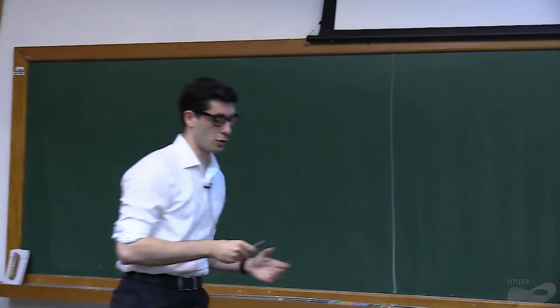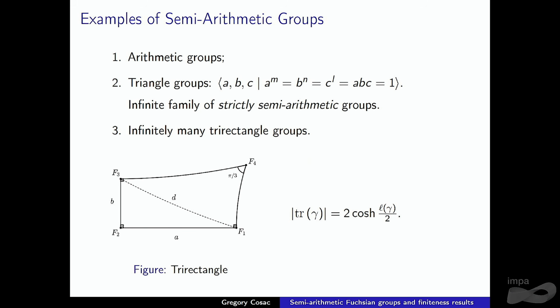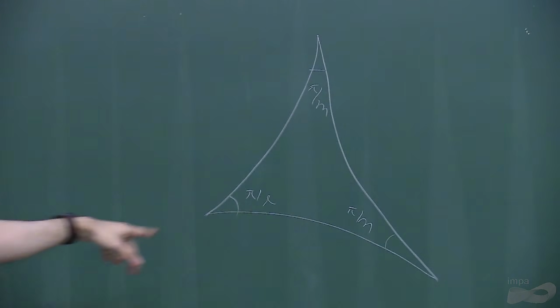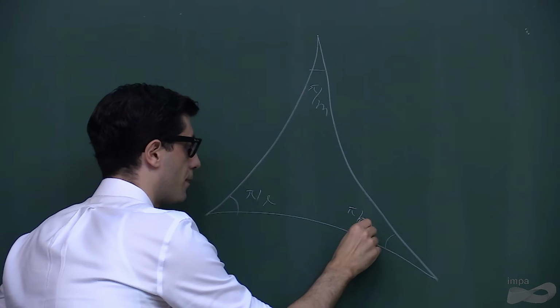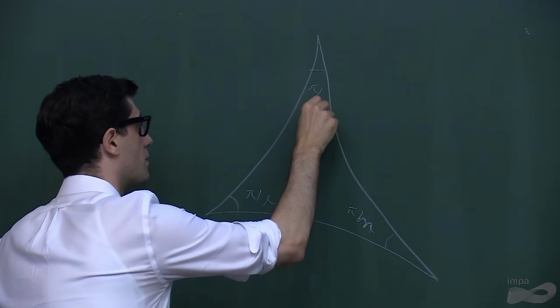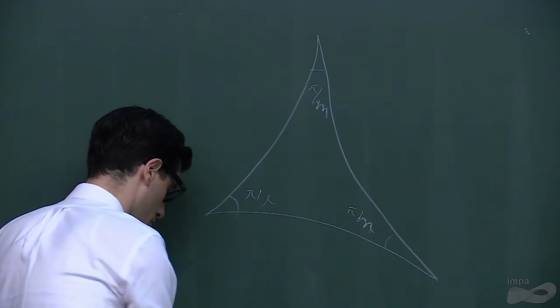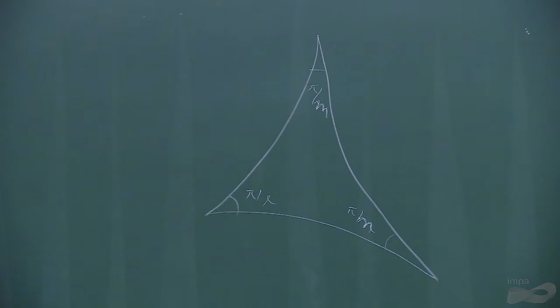And this is a Fuchsian group that has exactly that presentation. You see, the order of the generators M and L depend on these angles here, and on nothing else. Because when you choose the angles, you determine the triangle and you determine the Fuchsian group.